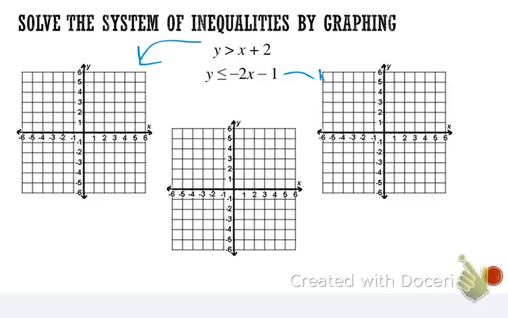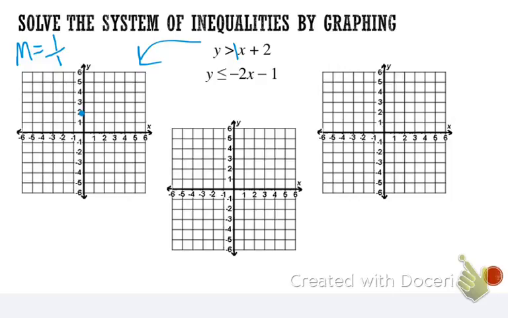Okay, so graphing this first one, remember, this means we start at the 2 on the y-axis, so put a dot on the 2. Then you're going to use the slope. The slope is the number in front of x, remember. When there's no number, that means there's an imaginary 1. So my slope here is 1, but I need it as a fraction so I can rise and run.